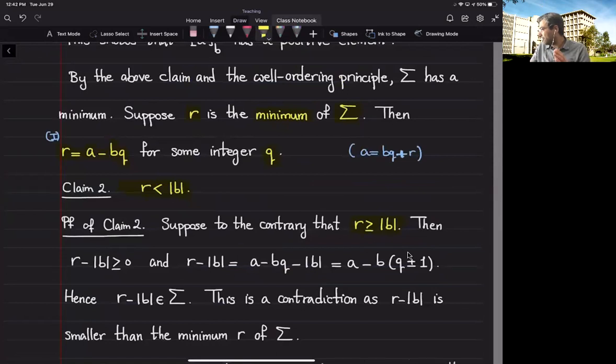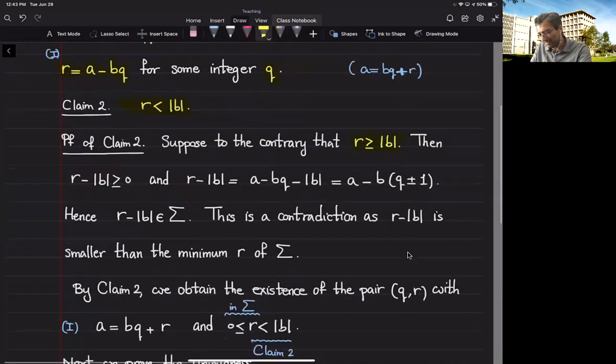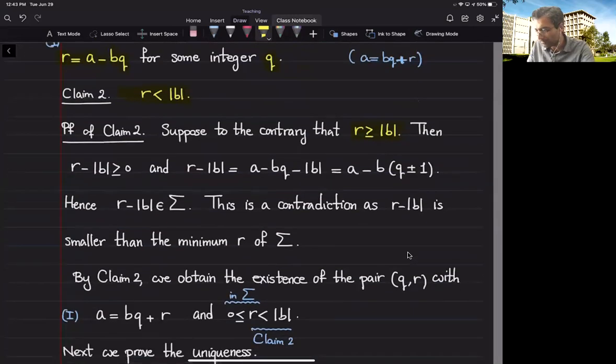In that instance, I can find another element inside sigma which is smaller than r and get a contradiction out of that. I want to cut another square out of this rectangle. That's what I'm going to do. Which means what? Which means I'm going to look at r minus absolute value of b.